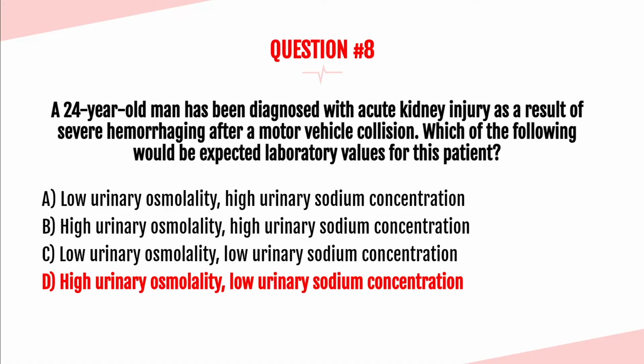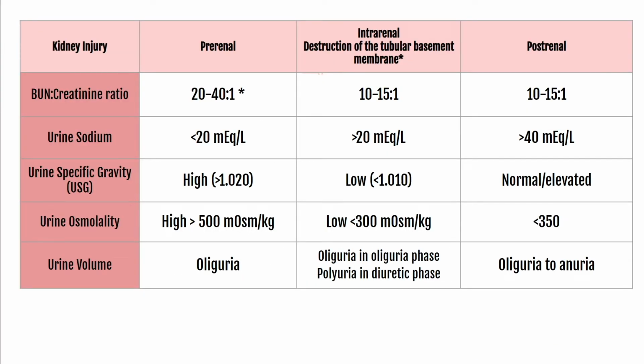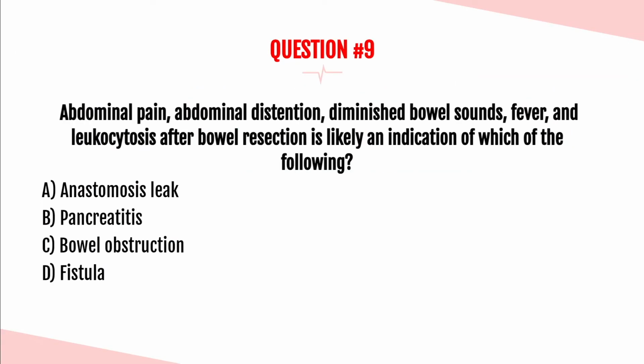And then if the kidney is holding on to this water, a little bit is going to be excreted into the urine, so it is going to be concentrated and the osmolality will be increased. Here's my little table comparing the different kinds of kidney injuries. Question number 9.